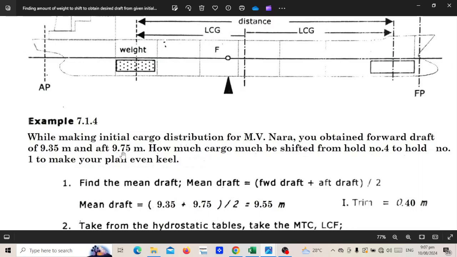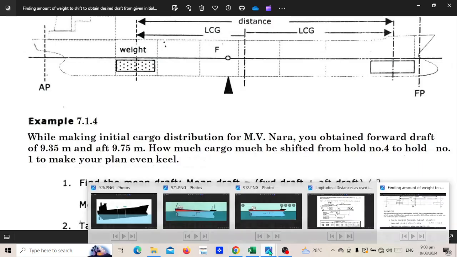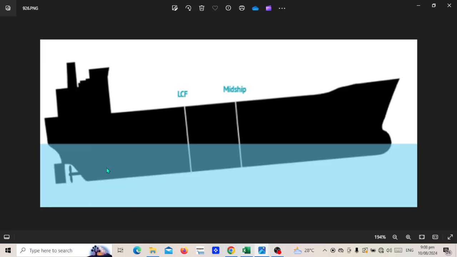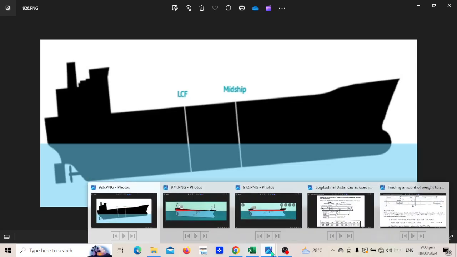The aft draft is 9.75 and the draft forward is 9.35. So here's the greater draft. Okay, that is what it means.